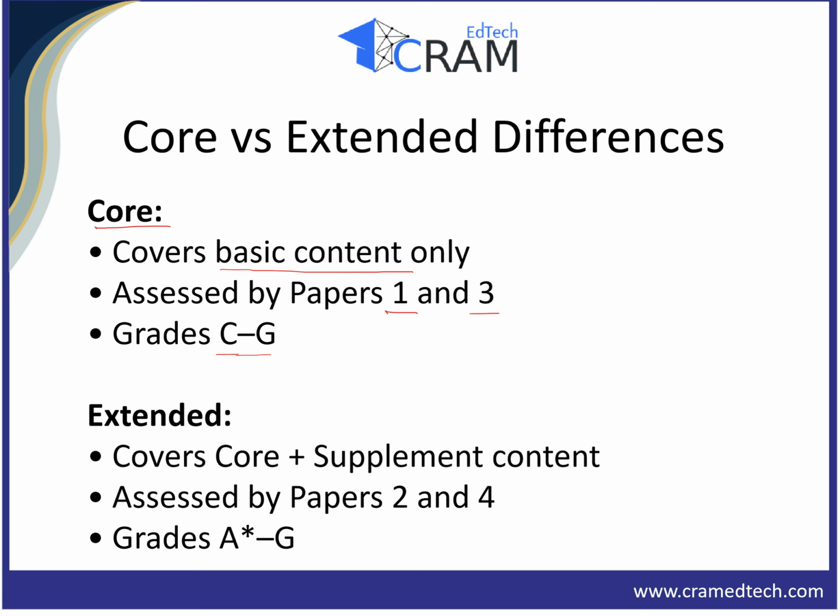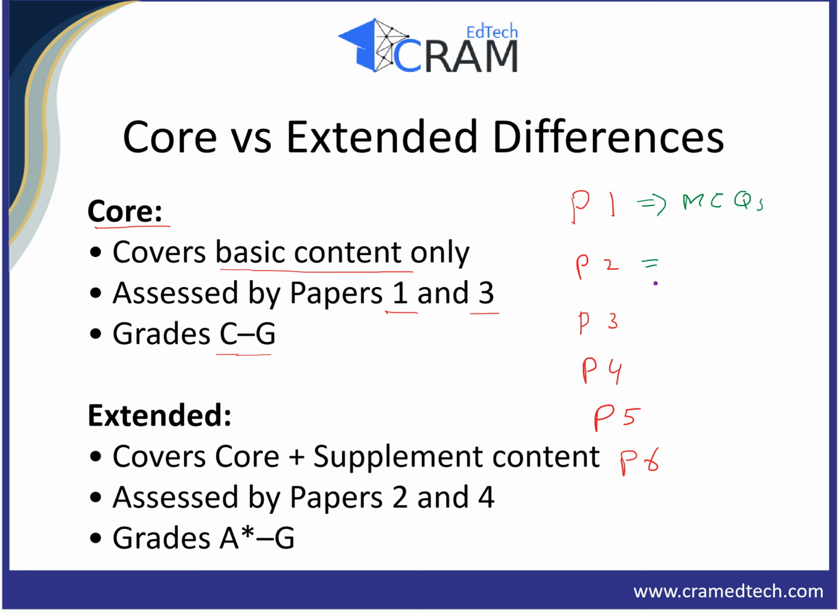Look here. In the IGCSE Physics syllabus, we have 6 papers in total: paper 1, paper 2, paper 3, paper 4, paper 5, and paper 6. Let me introduce you to these papers. Paper 1 is multiple choice MCQs.